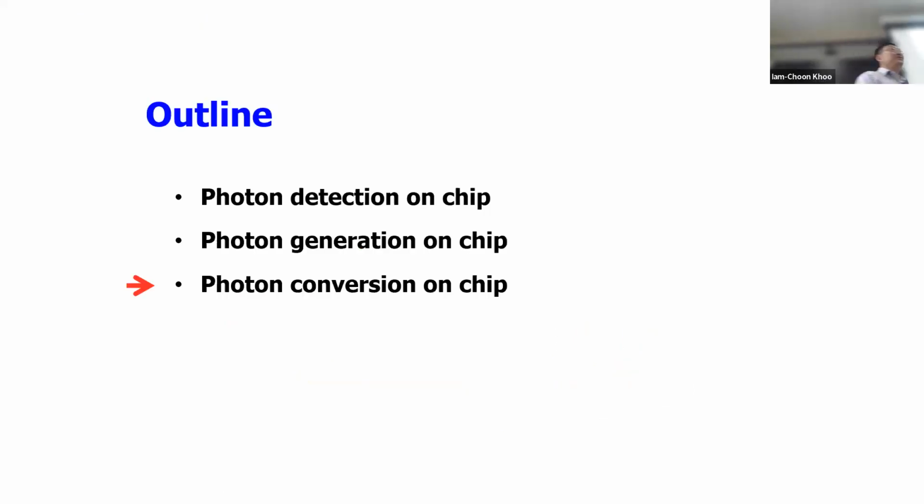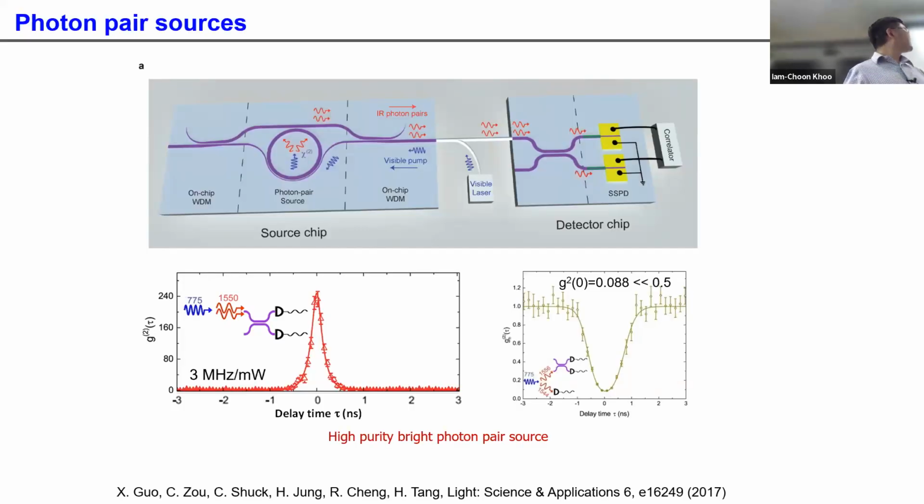Okay, is there any question on the light source? Yes. For the coupling factor... Like the top guy coupling with the ring resonator was harder than the bottom guy.